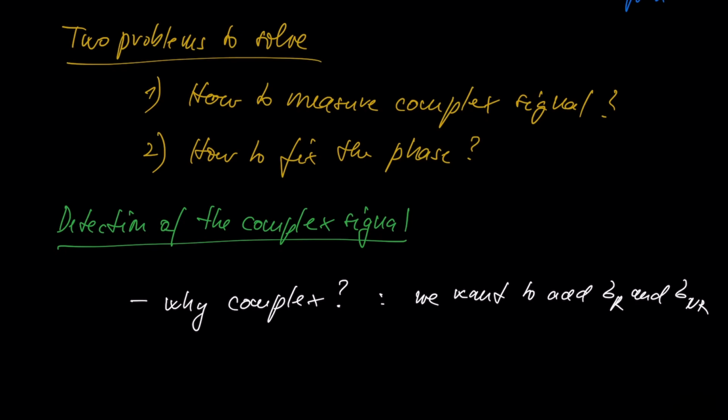That's because when we add them, we get a real function of tau. And when we add the rephasing and non-rephasing signals, we get a real function of tau, which corresponds to the absorption line shape. It would be as if we measured absorption.